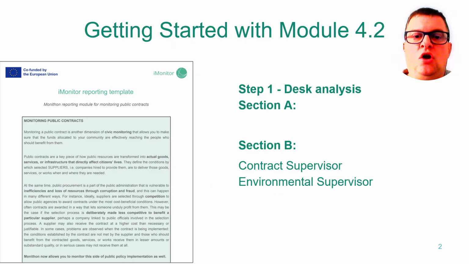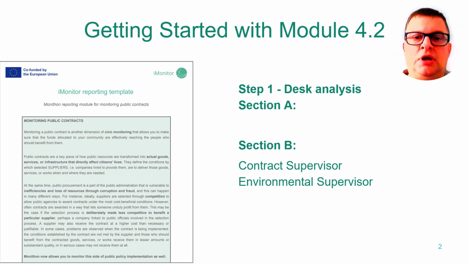Step 2 focuses on contract implementation, checking whether the project is being carried out as promised on the ground. And step 3 looks at results and impact, evaluating whether the outcomes match the objectives and serve the public interest.